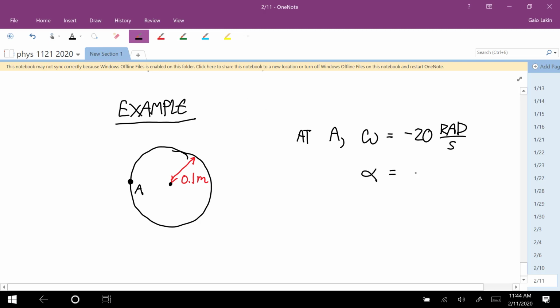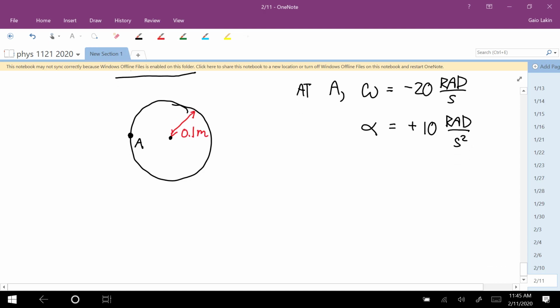Alpha is equal to +10 radians per second squared. And we want to know what are the velocity vector and the acceleration vector at that point.